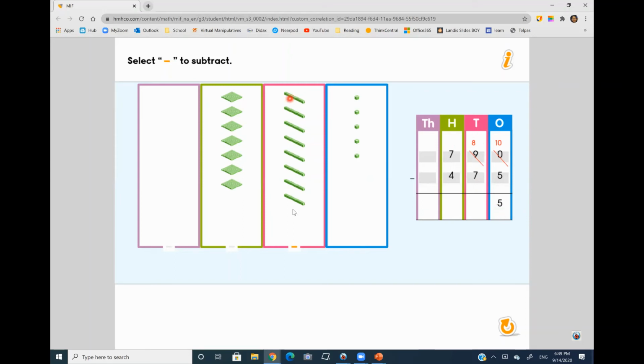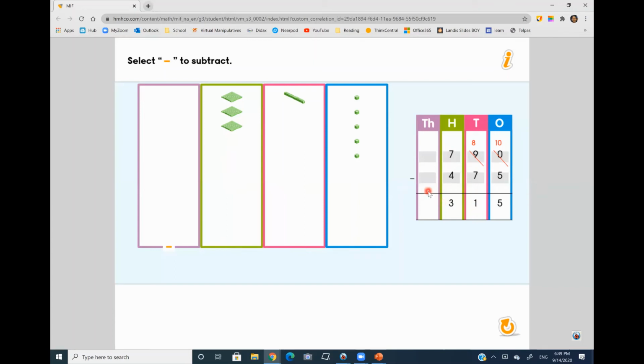We have 8 tens, and this time we can take 7 tens away without regrouping. So we don't need to regroup. We only take the 7 away because we have more than we're going to take away, and only 1 ten is left. And finally, we have 7 hundreds. And yes, we can take 4 away from those because 7 is more than 4. So let's subtract those. And now the answer is going to be 315.